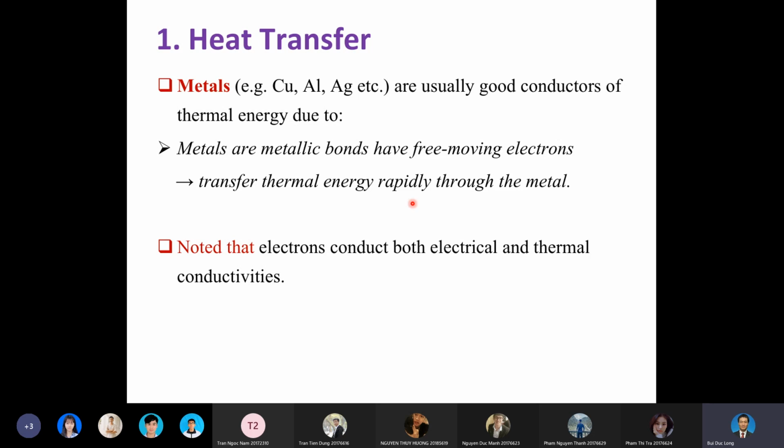So that's why heat transfer is less in ceramic compared to metal. Please read more from the literature for this, and of course for polymer also.